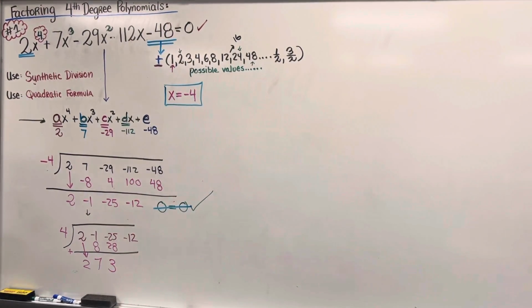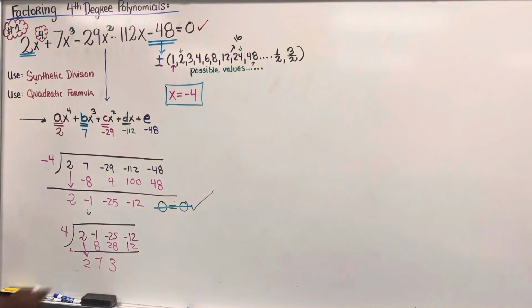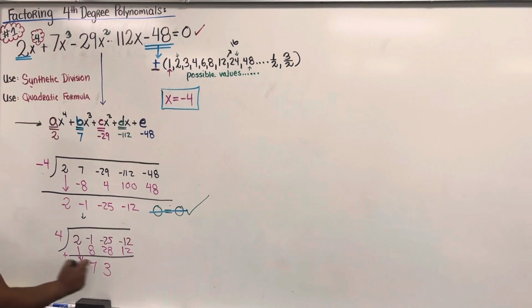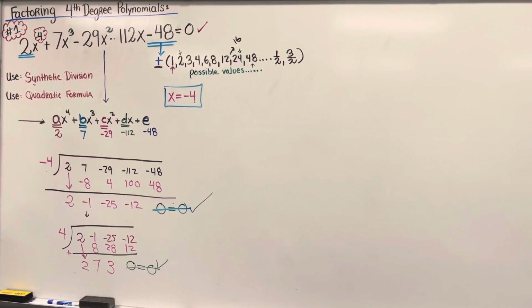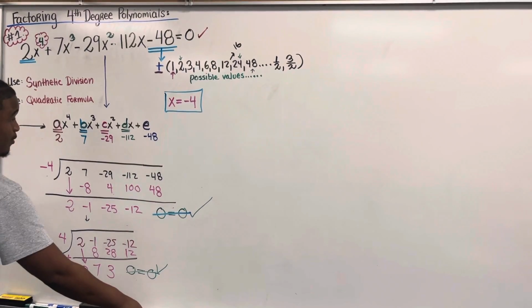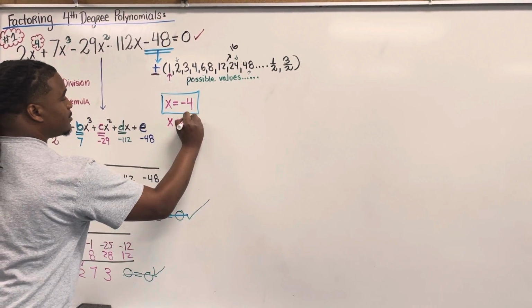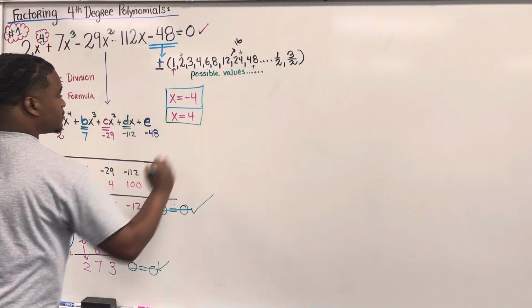Right? 4 times 3 is a positive 12. Negative 12 and positive 12 put together cancels out to 0. So I know that x equals 4 is another possible answer, a possible solution.